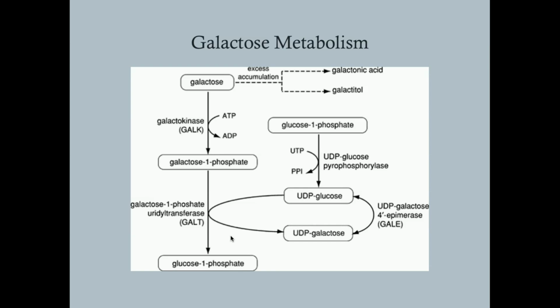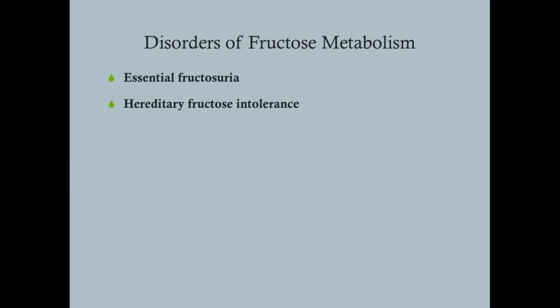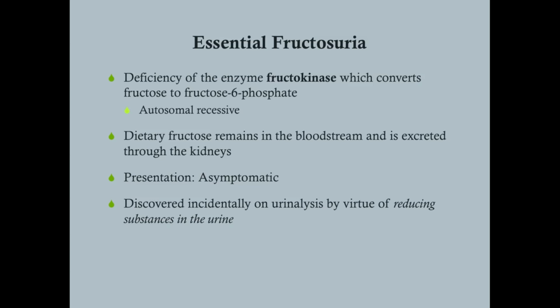All right, so let's talk about some of these fructose disorders. So the first one we're going to talk about is essential fructosuria, and this one is clinically relevant in as much as you can get some abnormal lab findings, but this is an asymptomatic disorder. So essential fructosuria is a deficiency of the enzyme fructokinase, which converts fructose to fructose 1-phosphate.